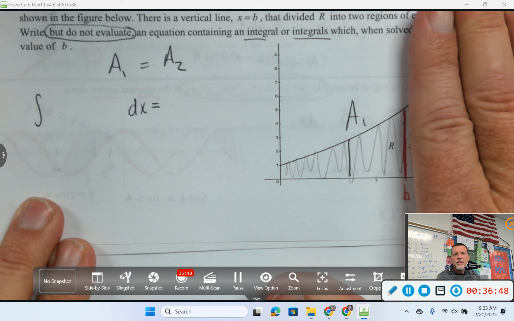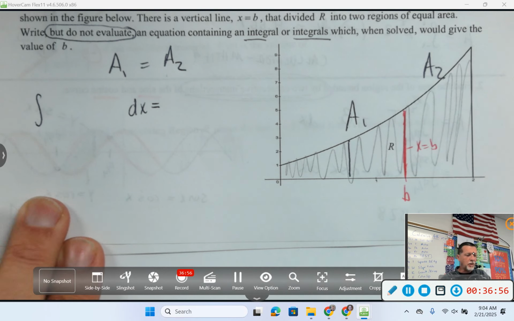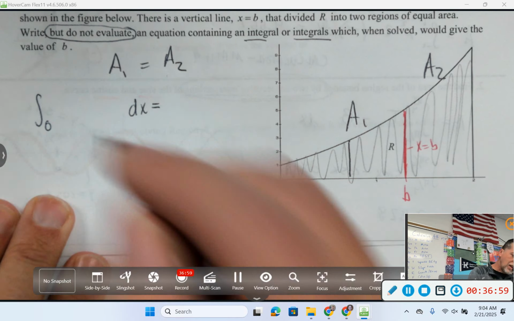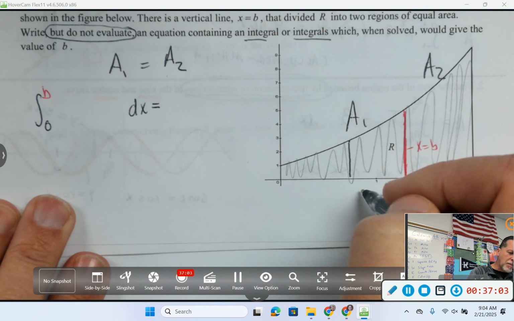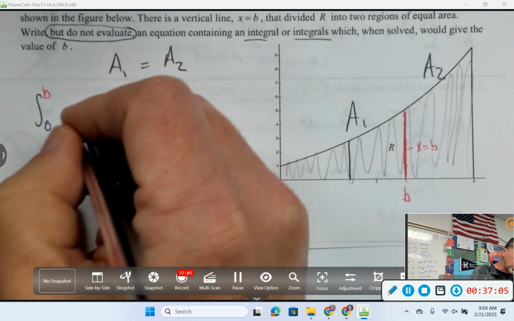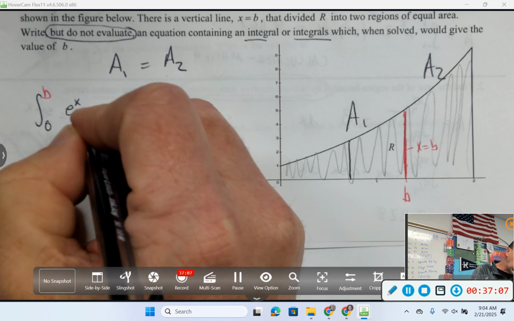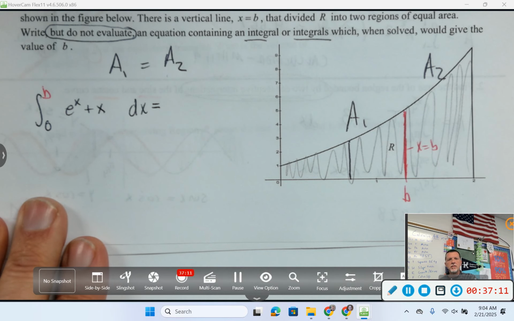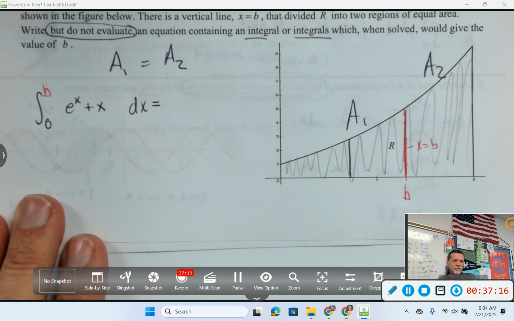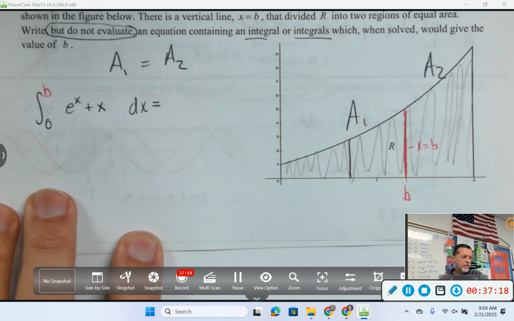From what to what? 0 to b. We don't know b, but that's okay. 0 to b. And top minus bottom, although bottom's just 0, so this is just e to the x plus x. If you want to put minus 0 to make it fit the top minus bottom, fine.